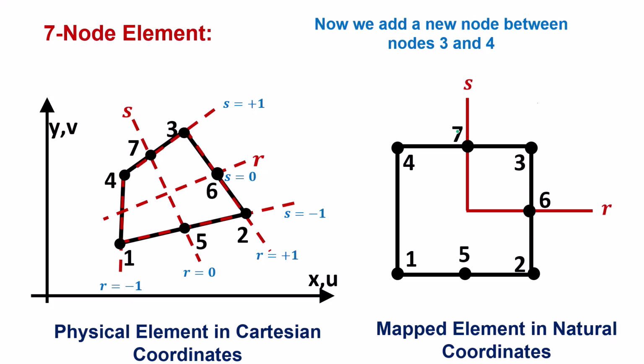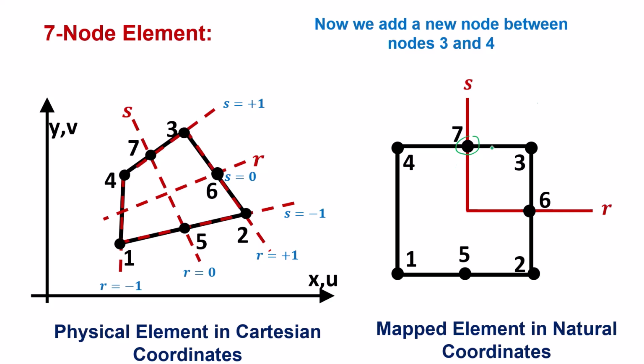Next, let's look at the 7-node quadrilateral element. This time we add another node between nodes 3 and 4, which is the midpoint of the top edge. On the left, you can see the physical element in Cartesian coordinates, and on the right, the same element mapped into natural coordinates.